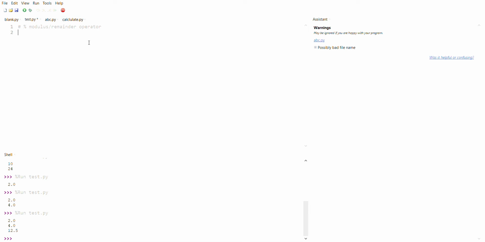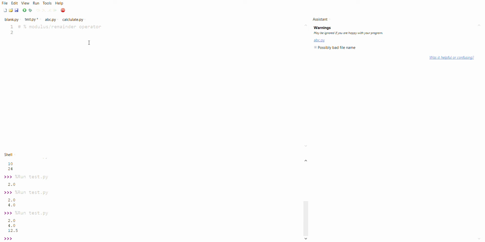It is the percentage sign, which is known as modulo in Python.